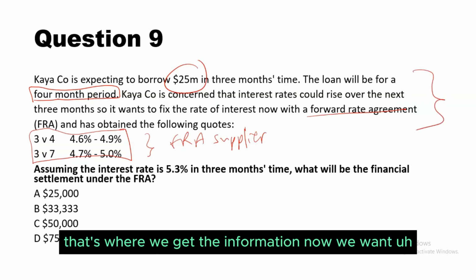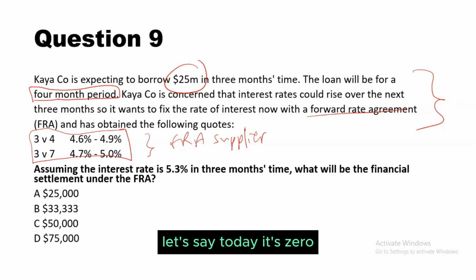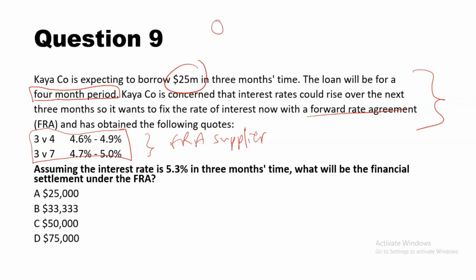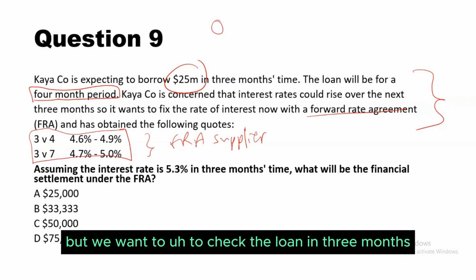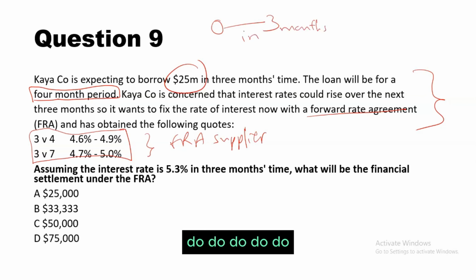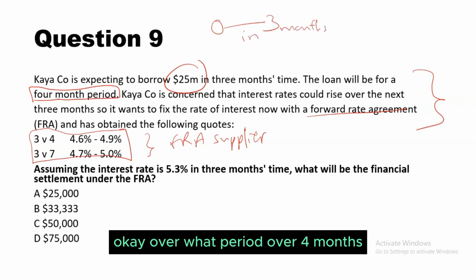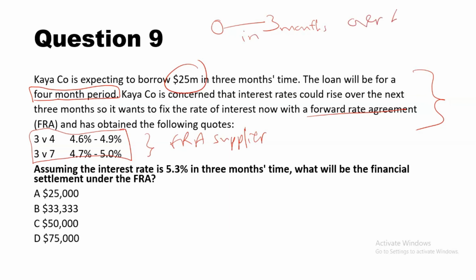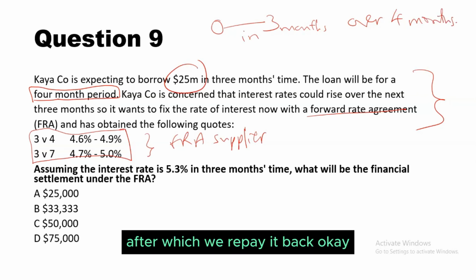Okay, that's where we get the information. Now, let's say today it's 0, but we want to take the loan in 3 months. So the loan is going to be taken in 3 months. Okay, over what period? Over 4 months. After which we repay it back.